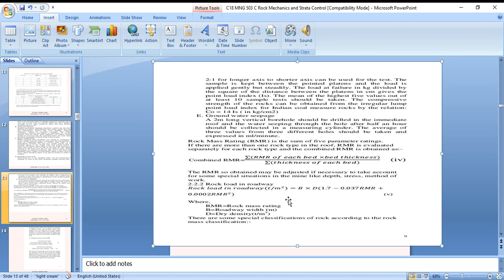Here it can be clearly seen that for the roadway calculation, B into D, that is the roadway width and the density of the rock, is multiplied by the RMR value plus the RMR square. So how much load the road will carry can be calculated by the empirical formula. There are special classifications of rock according to rock mass calculations also. With this, for a particular road location, how much load can be expected is found by this value. So the RMR value is very essential for that.